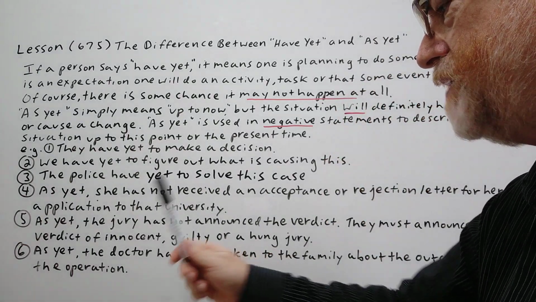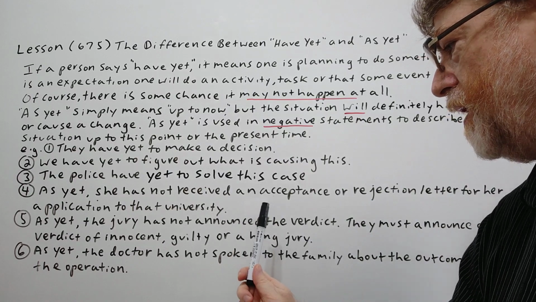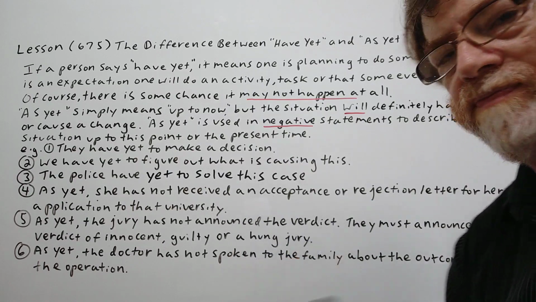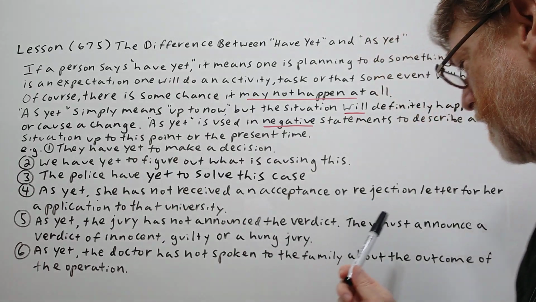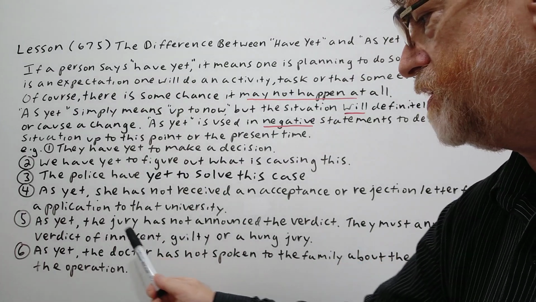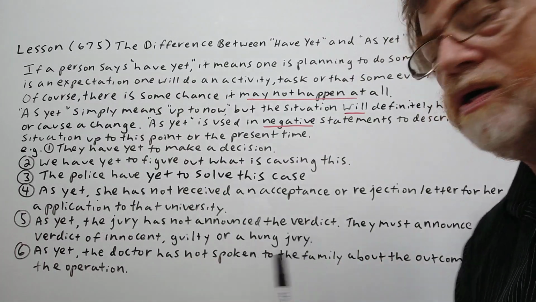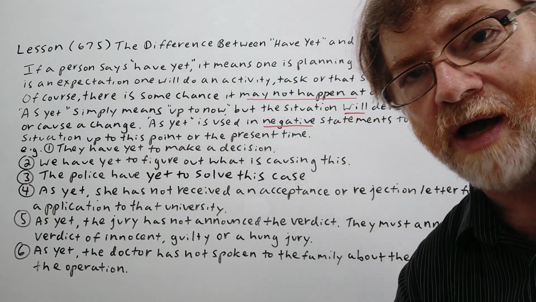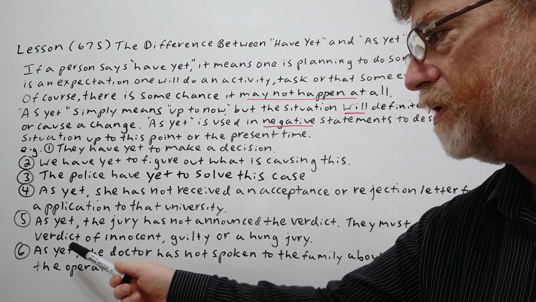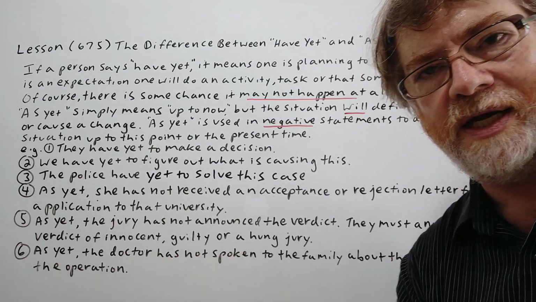Number 5, as yet, the jury has not announced the verdict. So they must announce a verdict of innocent, guilty, or a hung jury. So there will be an answer coming. In most cases, it will be just either innocent or guilty.